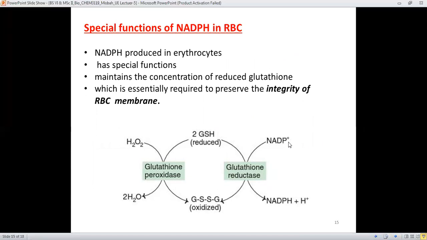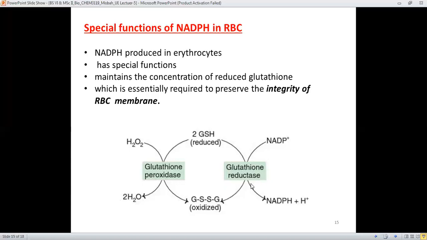And the concentration of reduced glutathione must be maintained, because H2O2 is continuously produced in the cells, and it must be detoxified and converted largely into water. Therefore, the reduced form gives its hydrogens to H2O2 to form water.